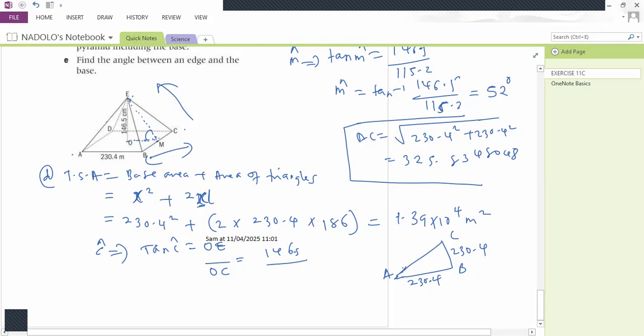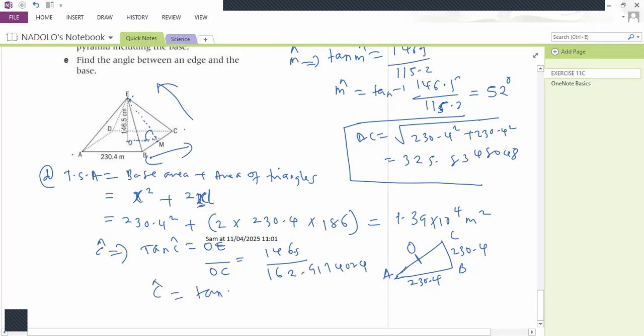But because we want OC and O is the midpoint of AC, we're going to divide that by 2. And our OC will be around 162.9174024. I'm writing the whole answer so that we can be accurate.